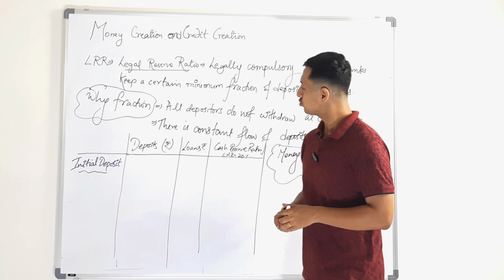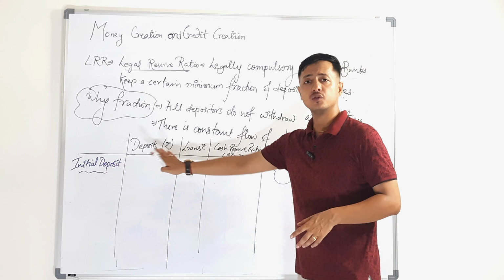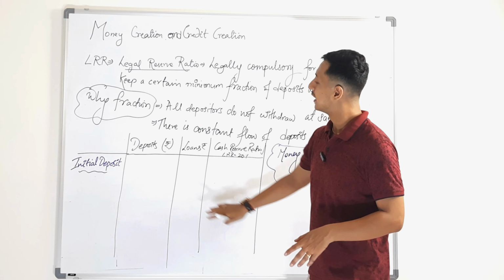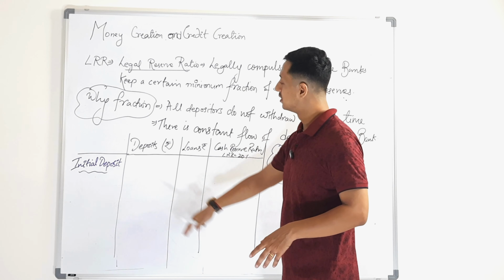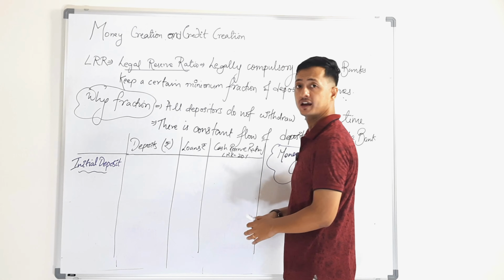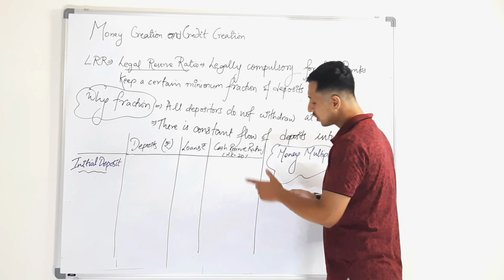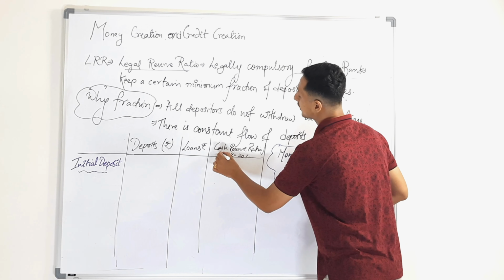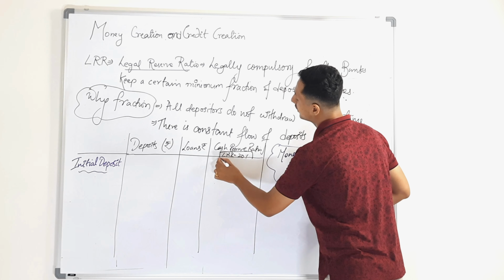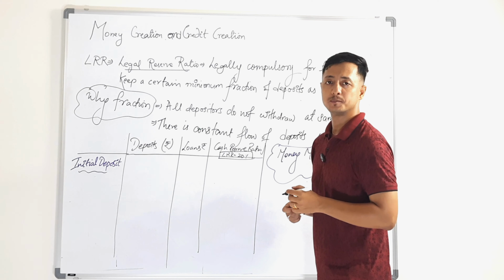Now, there is a table over here, okay? In this table, we have deposits, then loans, then cash reserve ratio. For our example, we are taking cash reserve ratio or the legal reserve ratio as 20%.